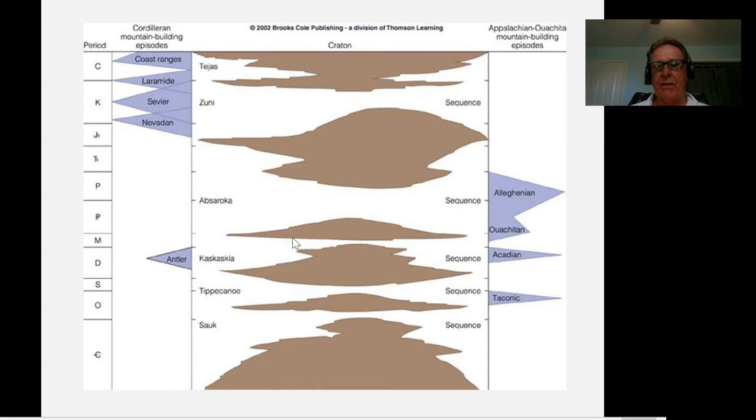You can see we get a regression during the Devonian, then after this the Kaskaskia transgression. In terms of sea level, it was quite high at the end of the Silurian into the early Devonian. Then by the late Devonian, sea levels began to drop, in part because of the Acadian orogeny. As we see next, we're getting very close to Pangea.